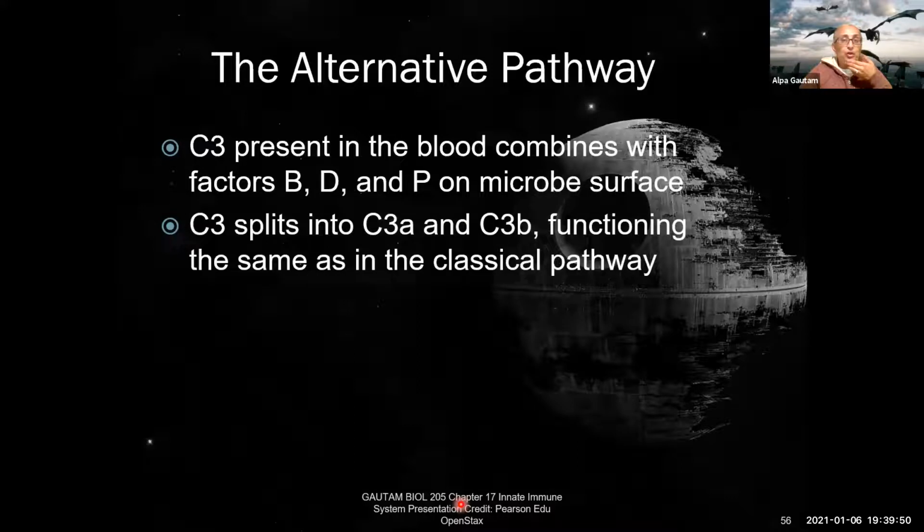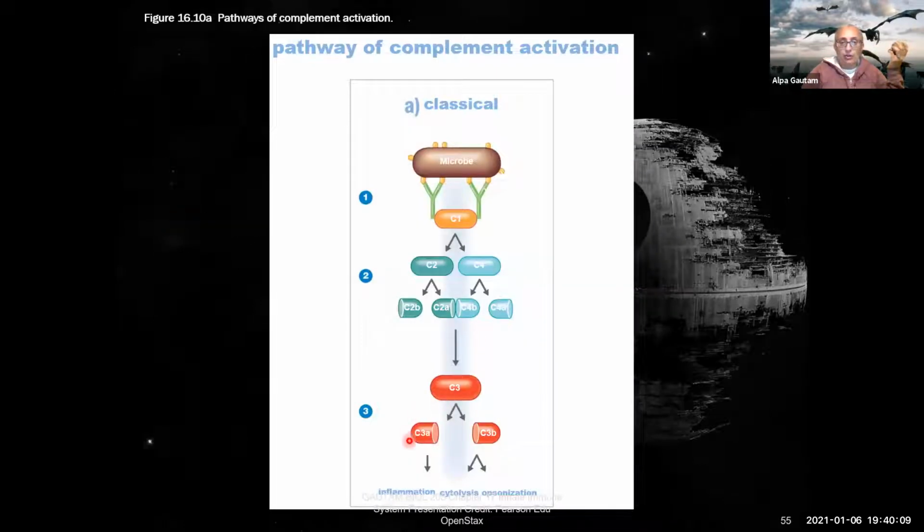The second pathway is called the alternative pathway. In this case, the C3 that's present in blood combines with these factors called factor B, D, and P that are present on the microbial surface. And when that happens, the C3 splits into C3a and C3b. And then we're back to here, C3a and C3b.